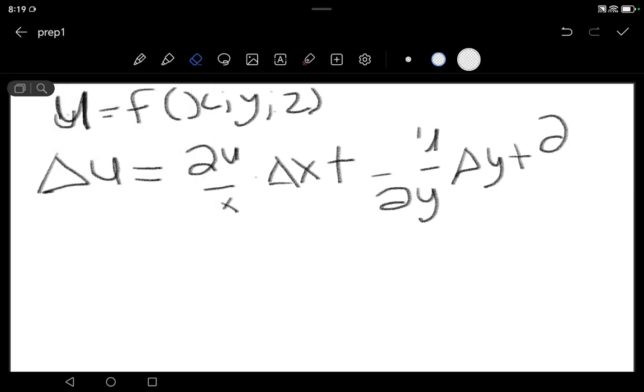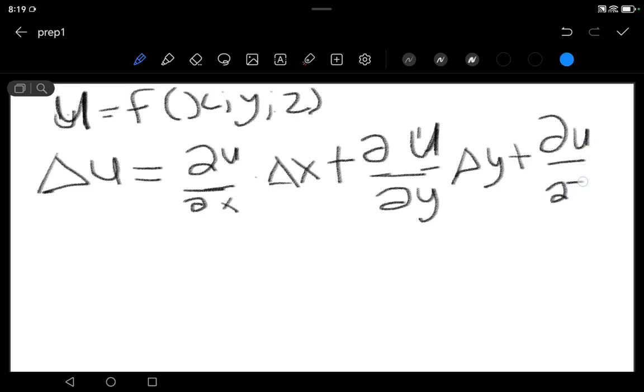No, I think it's partial derivative. Partial derivative of u over partial derivative of x times change in x, plus partial derivative of u over partial derivative of y times change in y, and then partial derivative of u over partial derivative of z multiplied by change in z.